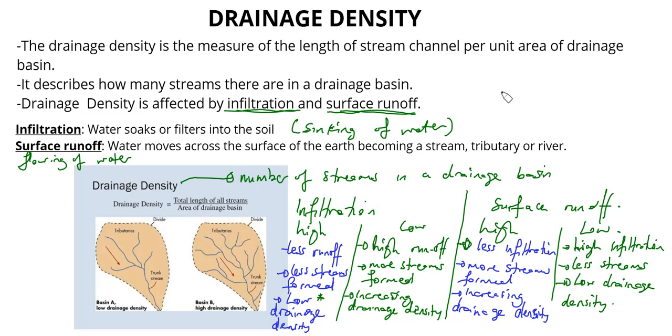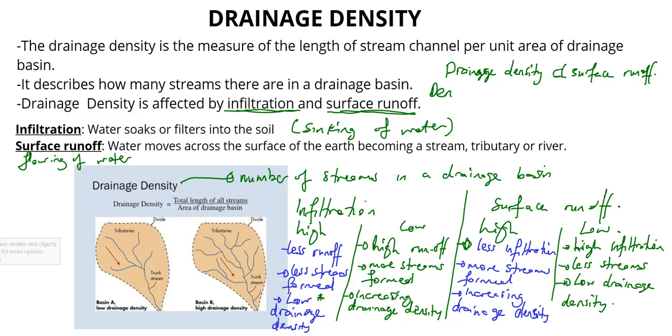So if we are to talk of a proportionality here, we are saying drainage density is directly proportional to surface runoff. So when you say directly proportional, it means that an increase in runoff is going to also increase drainage density.